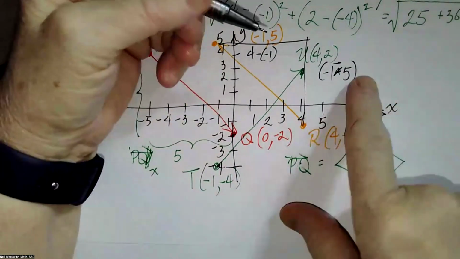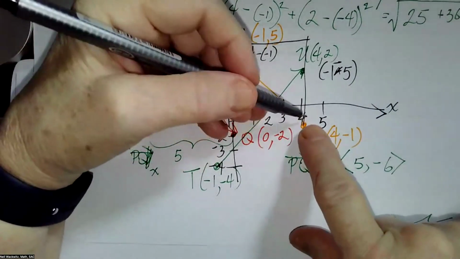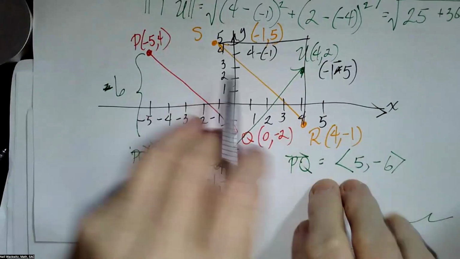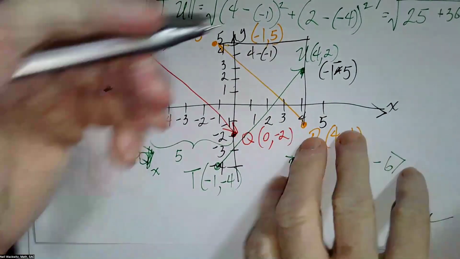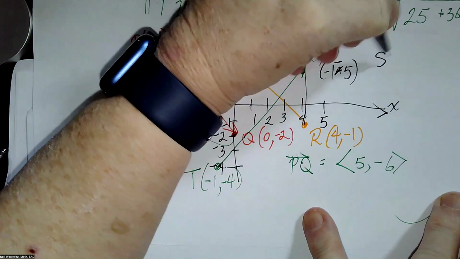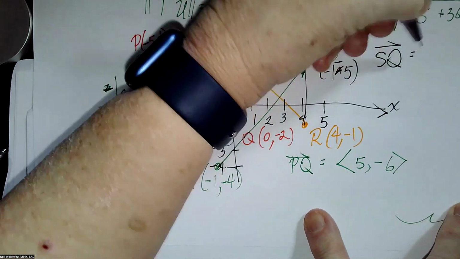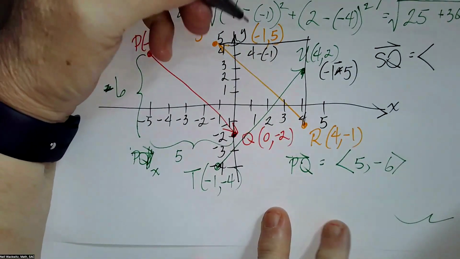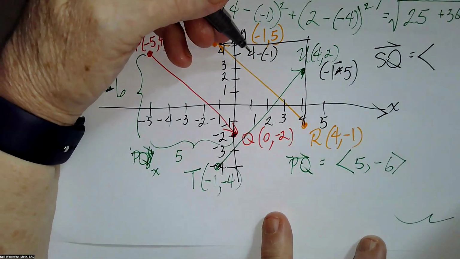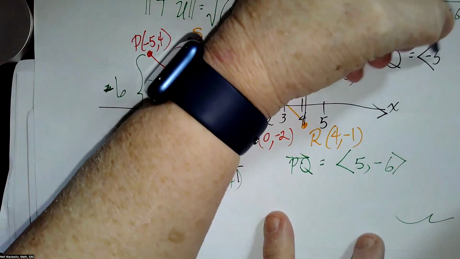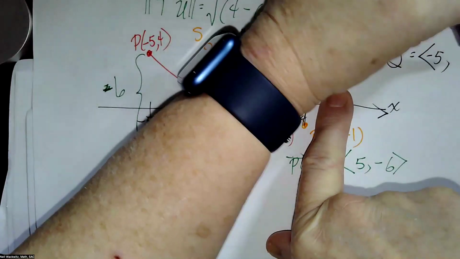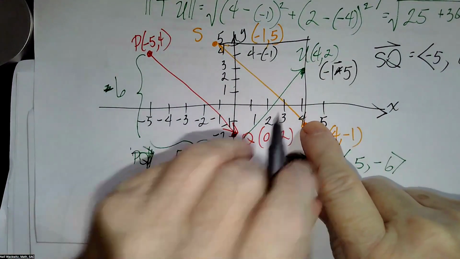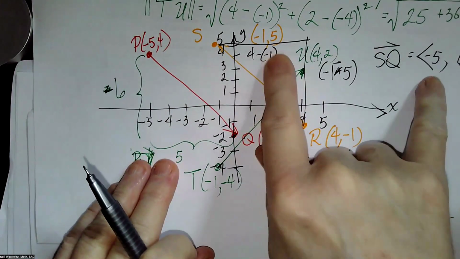Okay, so we're going positively for y and negatively for x. So we would say that SQ is -5, 6, because we go up 6 units and we go back 5 units.